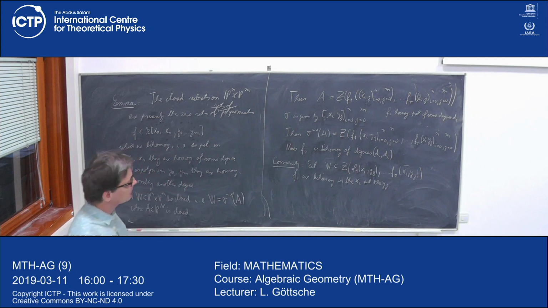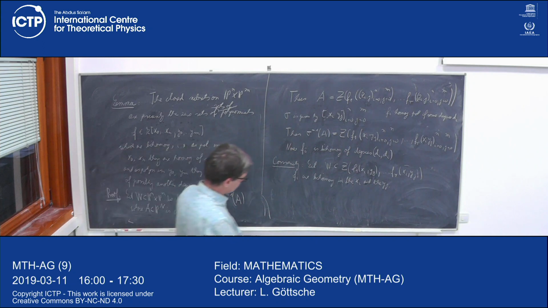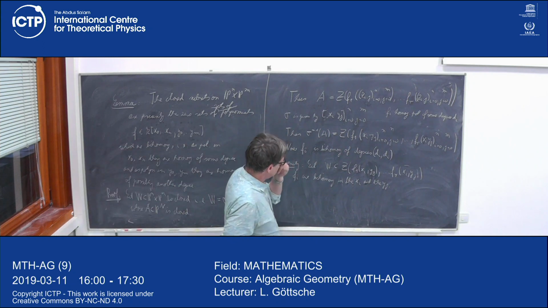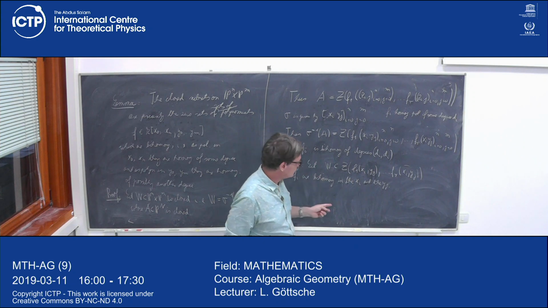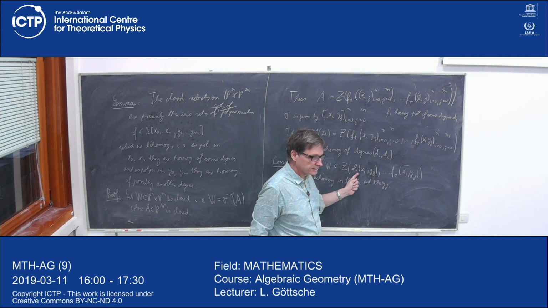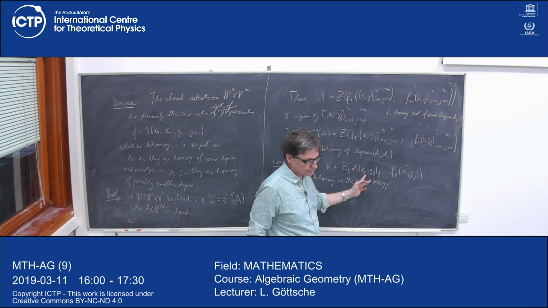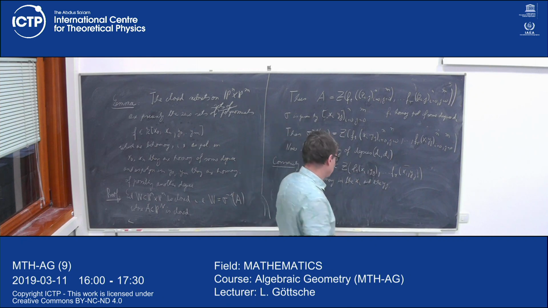So now the first thing that we want is that we go back to here, that we can take them bihomogeneous in the x and the y variables, but of the same degree. Here we don't assume that, so we want to change things so that they are bihomogeneous of the same degree.